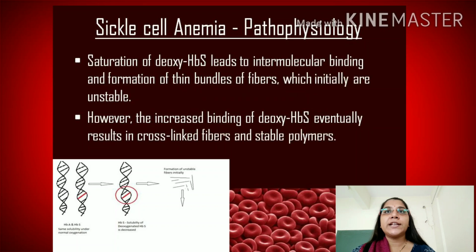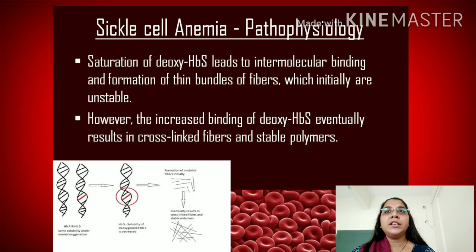Now this leads to the saturation of deoxy HbS, and this leads to intermolecular binding, and thus they form thin bundles of fibers, which are initially unstable. However, the increased binding of this deoxy HbS eventually results in cross-linked fibers and stable polymers.